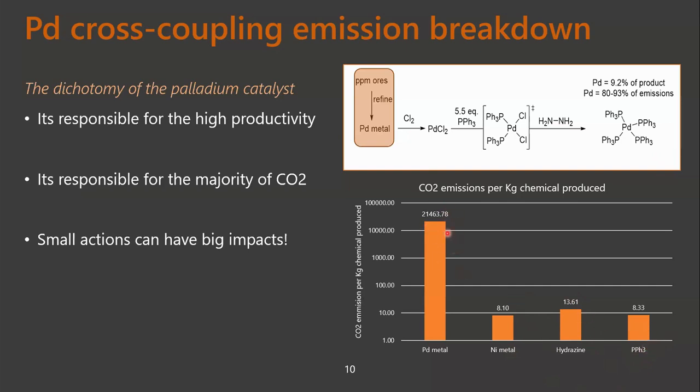And then when we look at palladium, it's 21.5 tons per kilogram of metal, which is phenomenal. It's a very, very large difference. And it's because it doesn't really exist anywhere in large quantities. And where it does, you still have to do a lot of work to actually get it out.